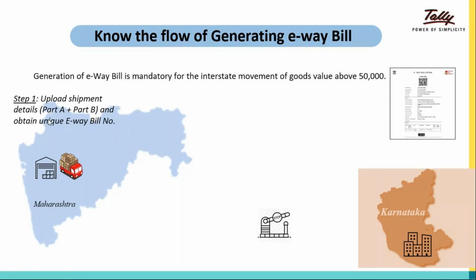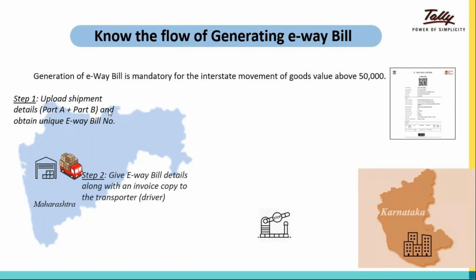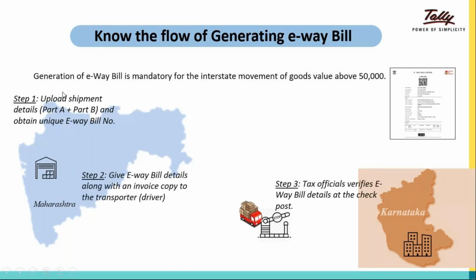In the previous slide I explained the part A and part B of your e-way bill, so we need to provide all the details of that in step one. Step two is to give the e-way bill details along with an invoice copy to the transporter, that means whoever is transporting the goods.